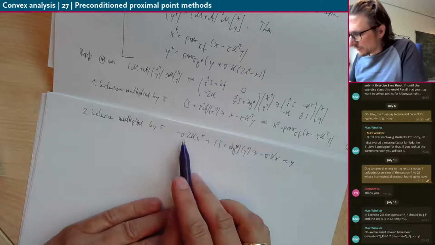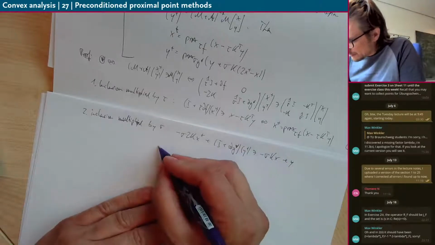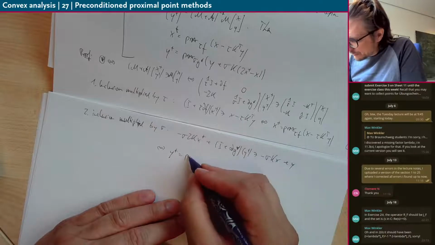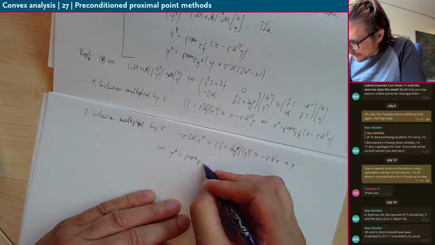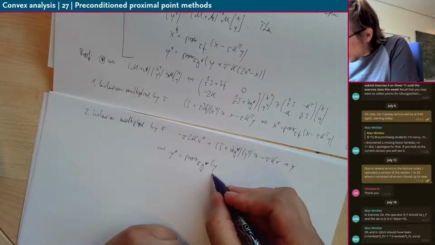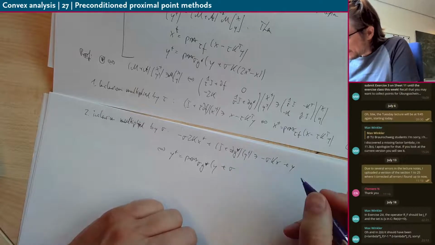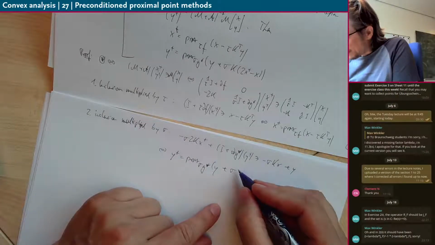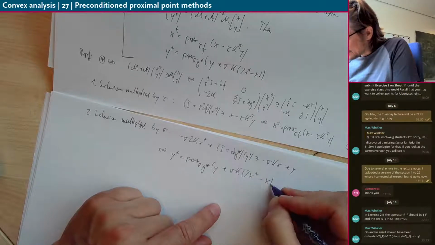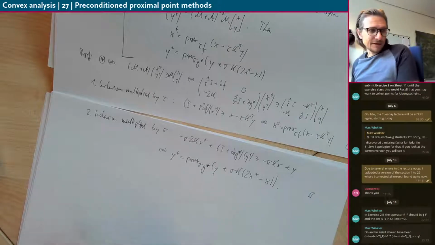Okay, what we do now is we bring this to the right hand side, reorder the right hand side, and solve by the prox. This is the case if and only if y plus is equal to the prox of sigma g star applied to y. This goes over the plus, so we use a plus here, plus sigma. Both have a sigma here, both have a k, and then we have 2x plus minus x. And that's exactly our second update, and that was the full proof actually.